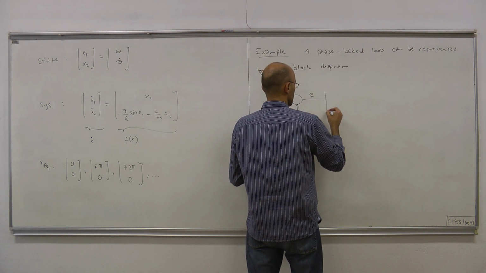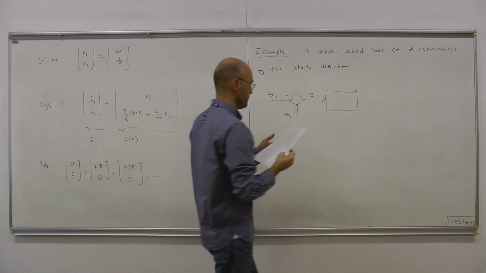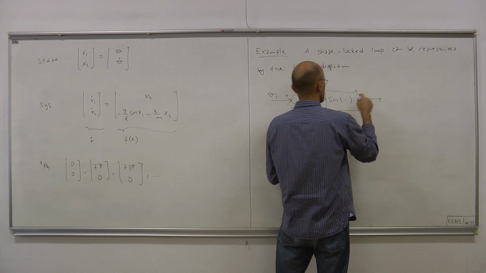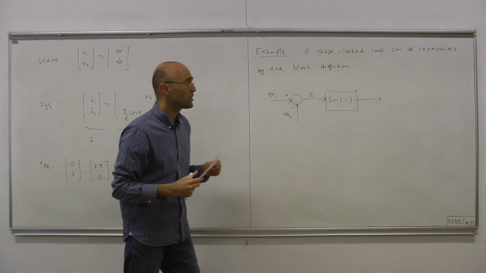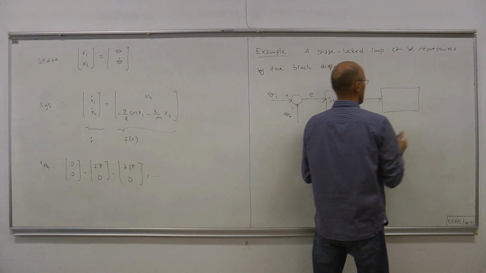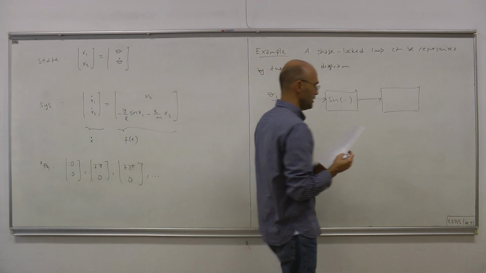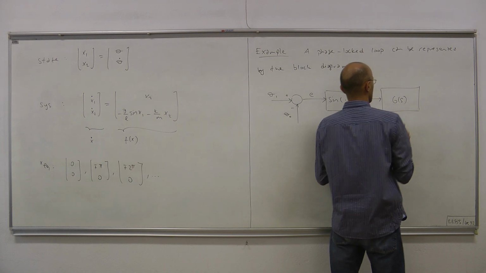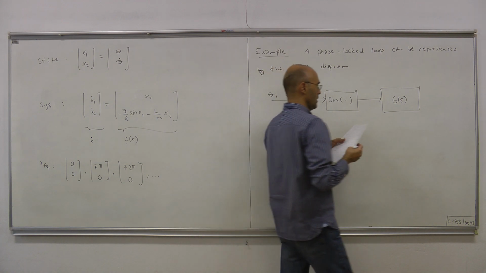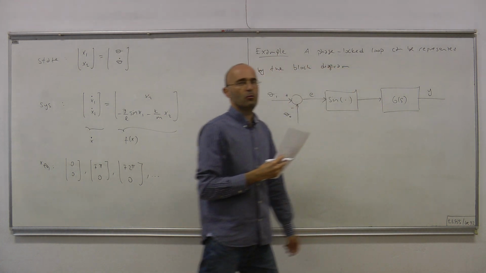That error is passed through this algebraic sine block, and it produces sine of e at its output, and that's fed to a block that can be represented by a linear time invariant system, for which the transfer function, suppose, is denoted by G of s. And what comes out, a scalar, is what we call the output of the system.